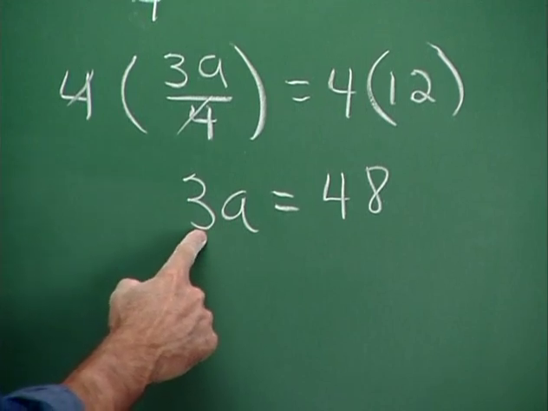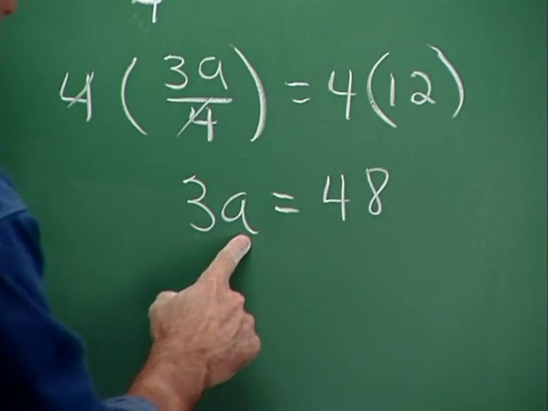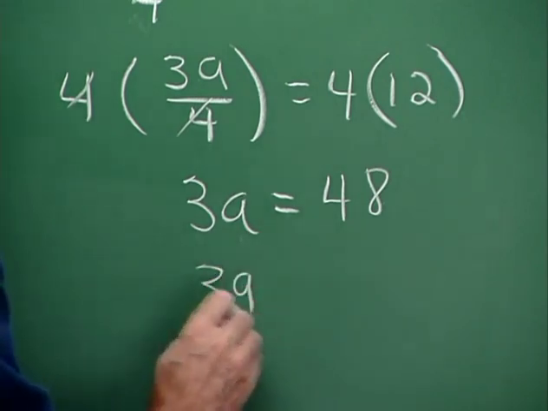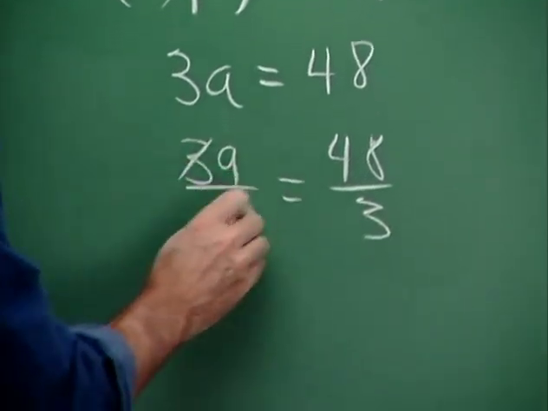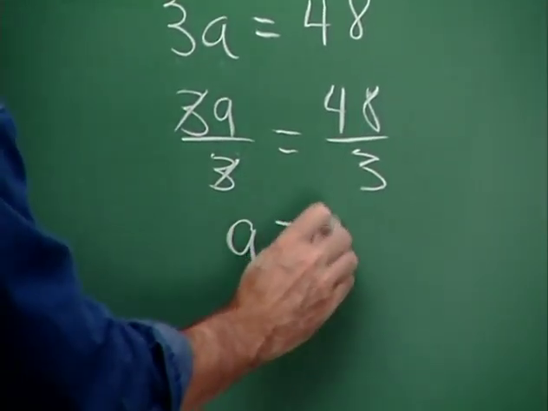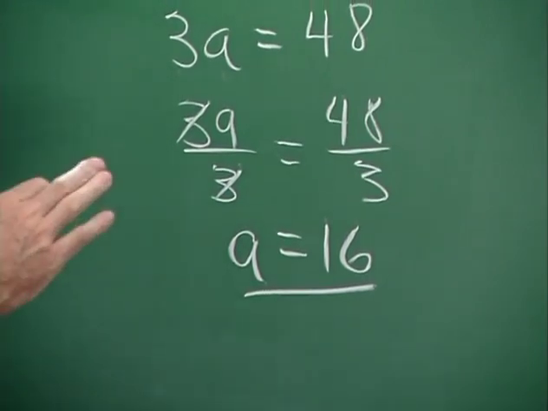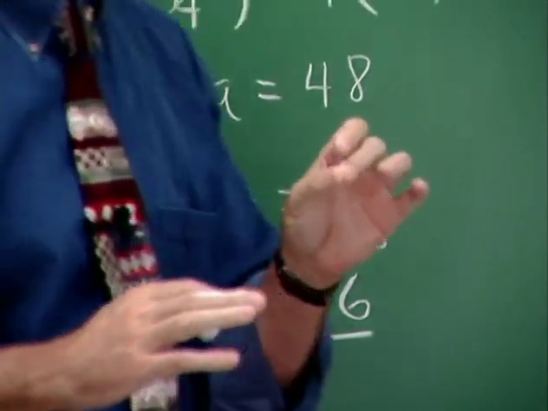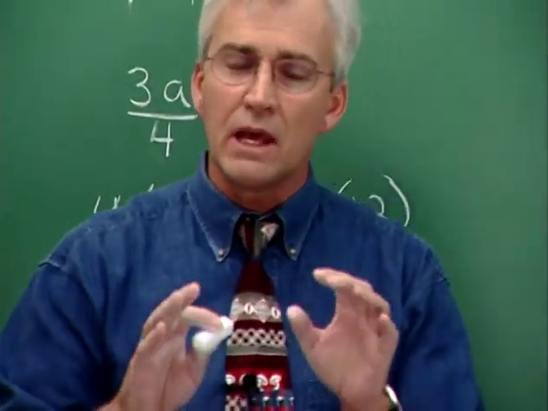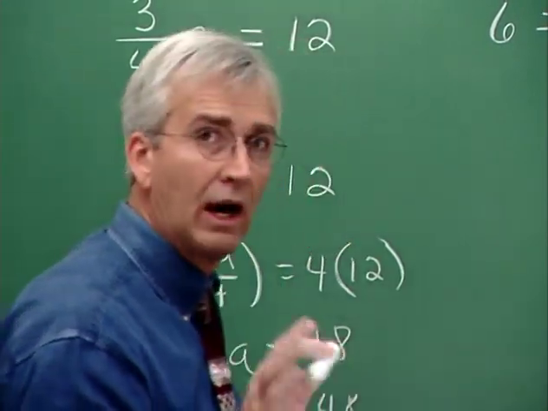We'll get rid of the 3, which is multiplied times A, by dividing by 3 on both sides. So it's 3A over 3 equals 48 over 3. The 3's go out here, and we find A to be 16 as expected. So it's the idea of clearing the fraction by removing the denominator first and then dealing with the leftover number wherever it might appear.